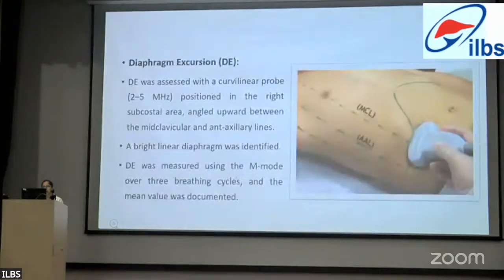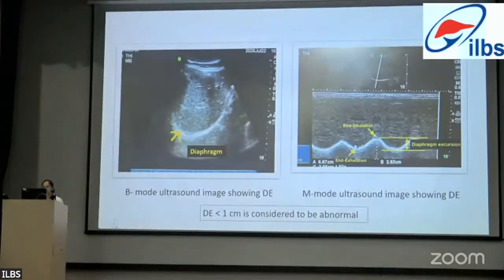The second parameter is diaphragm excursion, where we have used a curvilinear probe that is placed in the right subcostal area, just at an angle between the mid-clavicular line and the anterior axillary line. On B mode, a bright linear diaphragm is identified just below the liver. This is a linear hyperechoic line that is seen below the liver, that is the diaphragm.